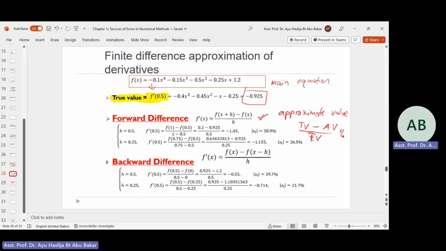You get for true value, negative 0.925 or 0.9125? 0.9125, yes, correct.